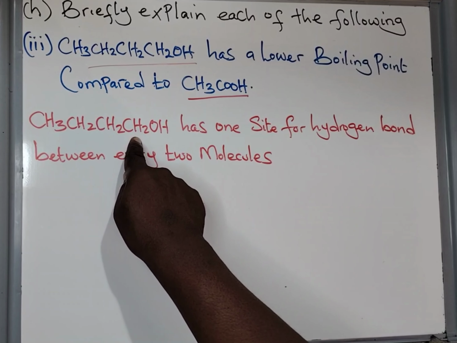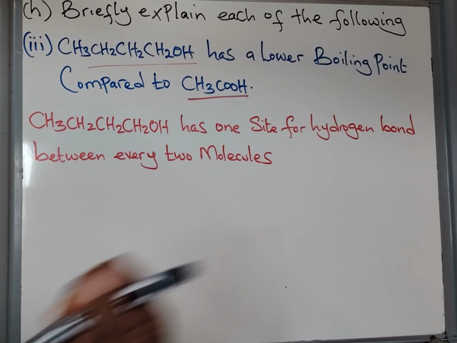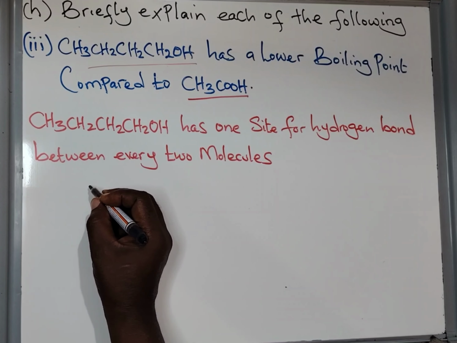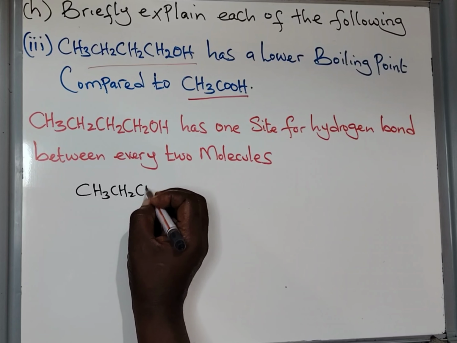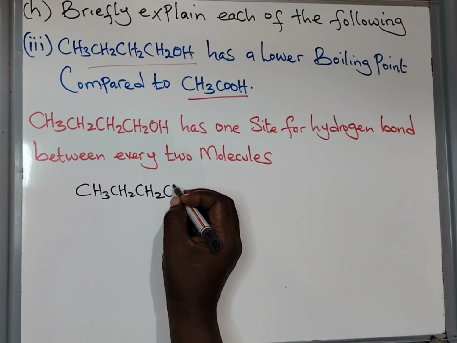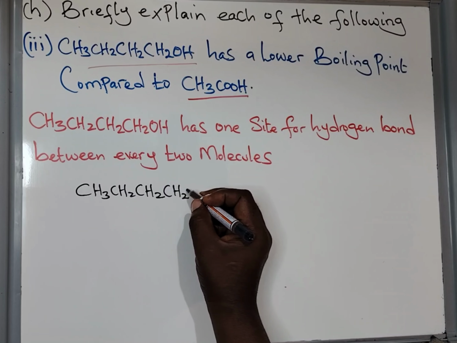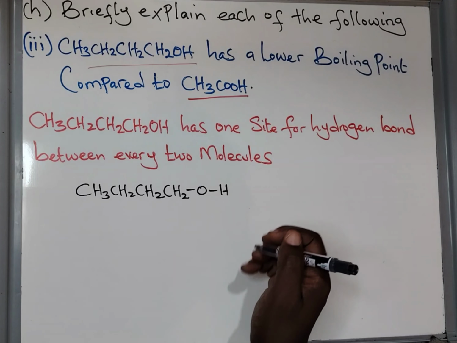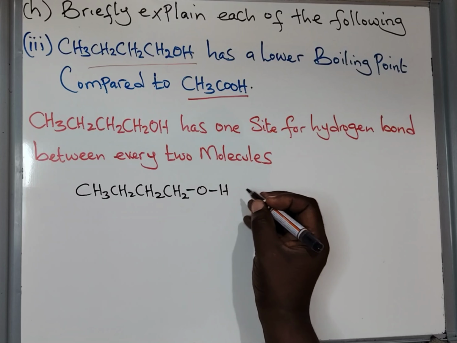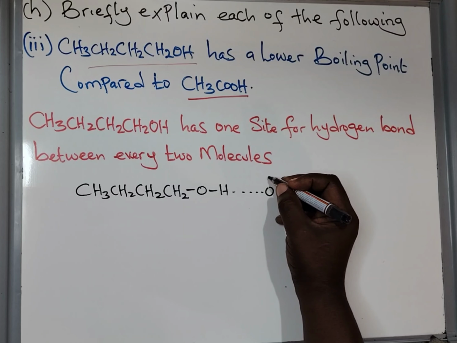1-butanol has one site for hydrogen bonding between every two molecules. This is what it means: if you have this one as your alcohol, and what comes here is OH, you have to know that this one will go to the O of the other one.